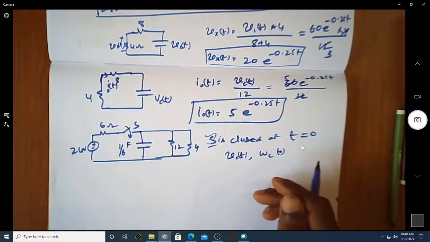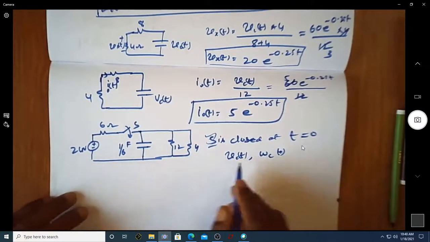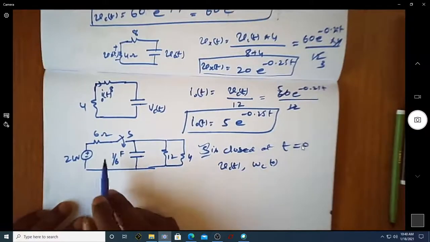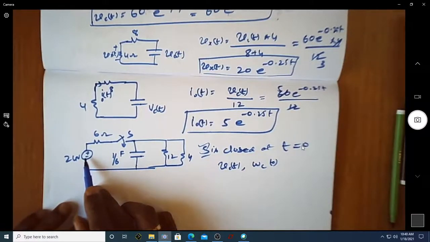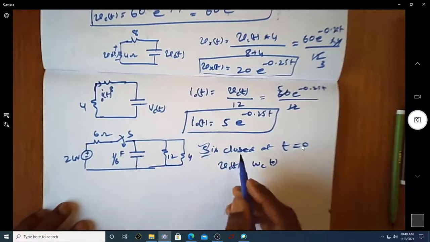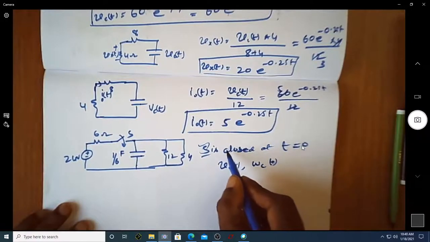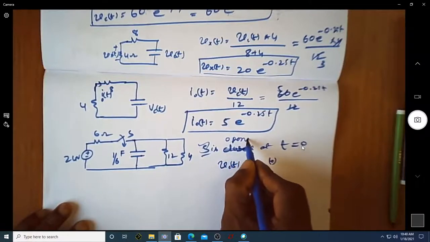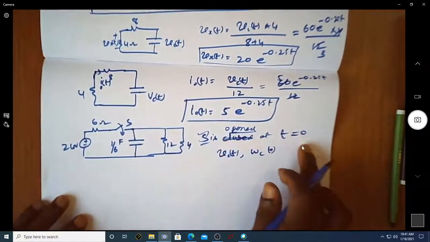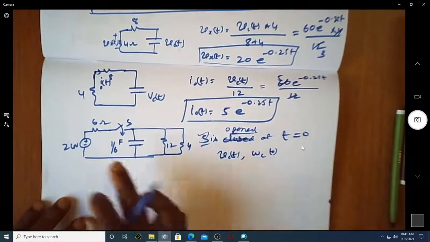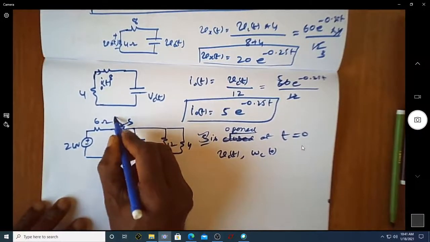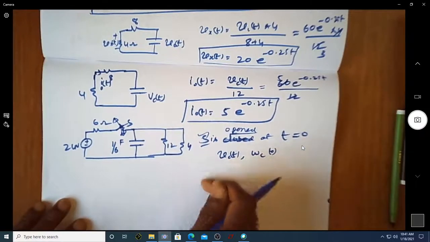To know Vc of t, even though we have a source here, sorry, the switch is not closed, it's actually opened. The switch is opened at t equal to 0. Initially it is closed, so at t equal to 0 seconds, I just open it.